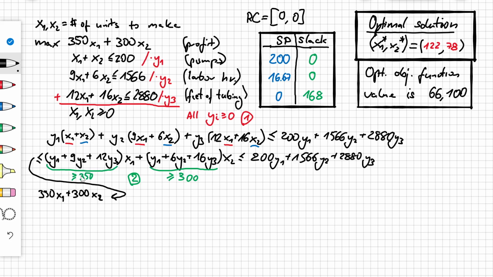If this part is at least 350 and this part is at least 300, and remember originally I assumed the variables are greater than or equal to 0, so everything is positive here, then the left-hand side should be greater than or equal to the original objective. So what I want you to see is that the original objective has to be smaller than or equal to this, and this in turn has to be smaller than or equal to this part.